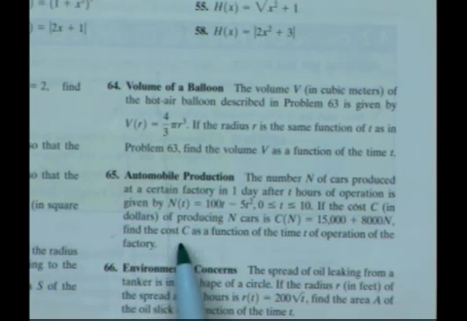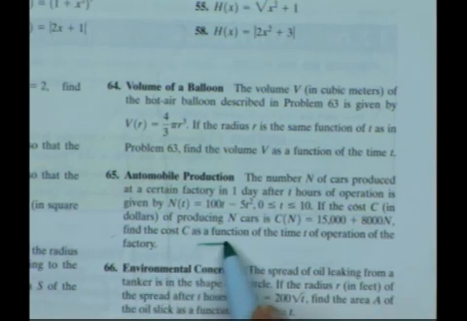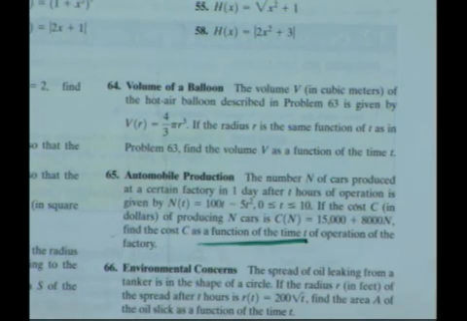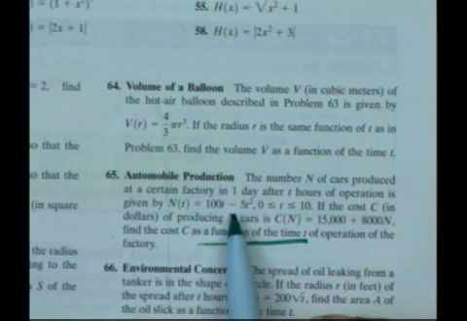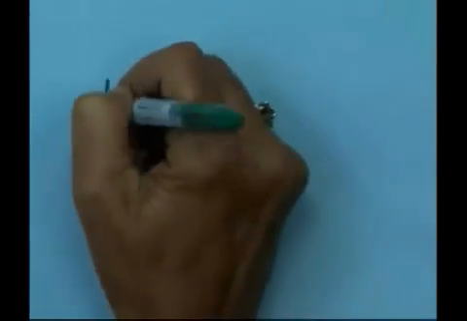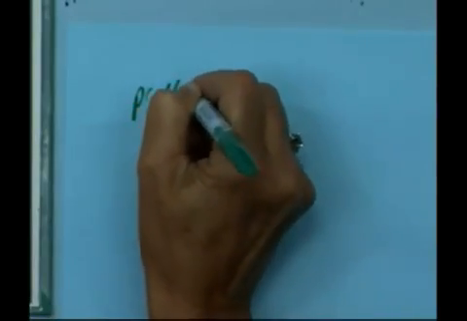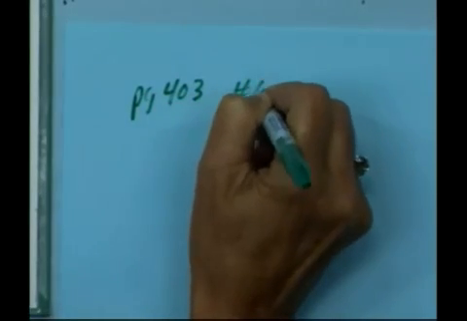Find the cost as a function of time. Okay, cost is a function of the number of cars. Number of cars is a function of time. Let's make sure we see that. This is number 65, page 403.